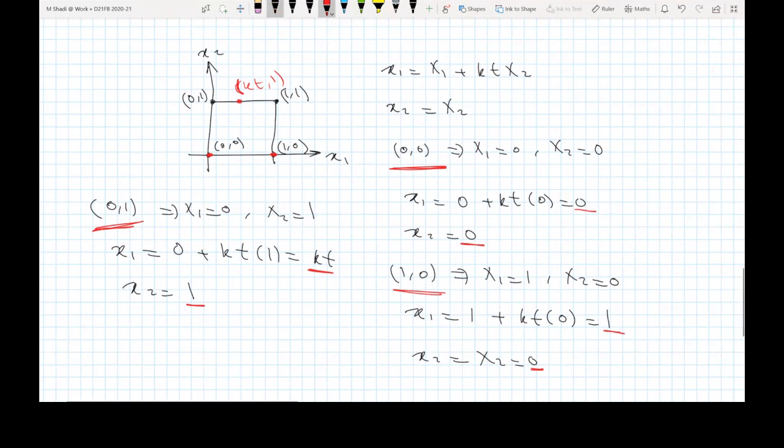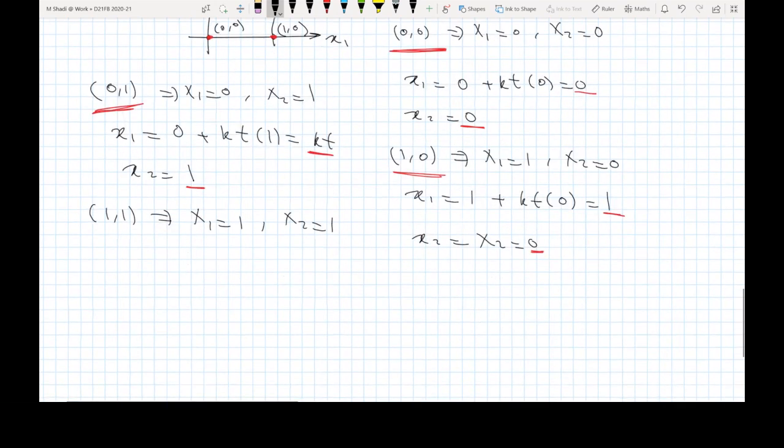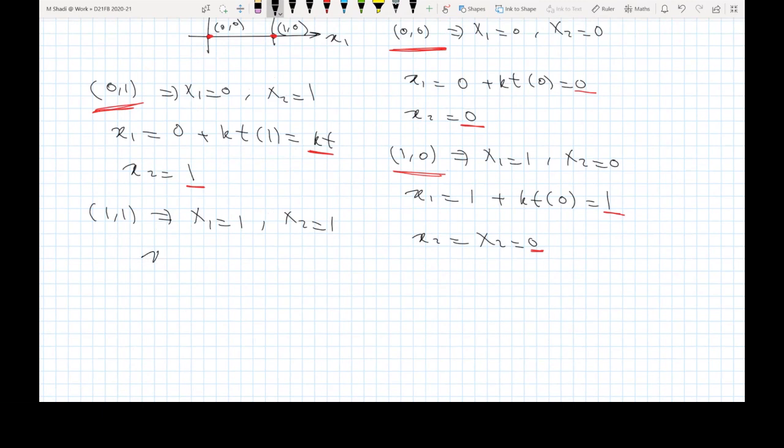If you look into the last point, (1, 1), you can see that X1 is equal to 1 and X2 is equal to 1. And if you want to find the new configuration, x1 is equal to 1 added to kt multiplied with 1, and x2 is equal to 1.